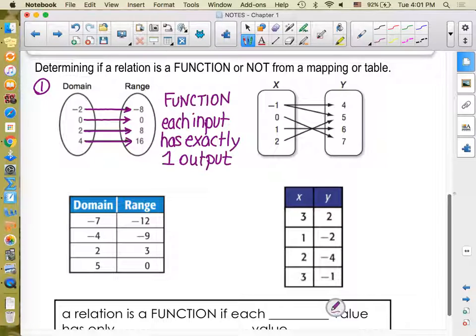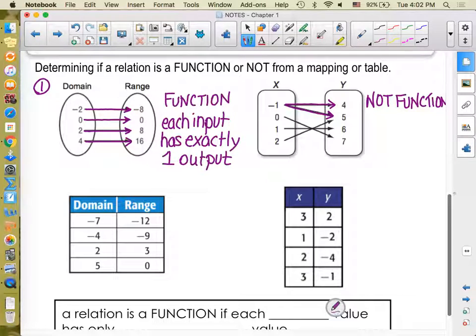So take a minute to get that neatly, even pause the video. The next mapping. I'm going to look at this next mapping. So -1 is my first input. And the first time I use it, -1 outputs a 4. Then I input -1 again, think of my cell phone. And this time I get a 5. So this one is not representing a relation that's a function, because I have one input that has multiple outputs.